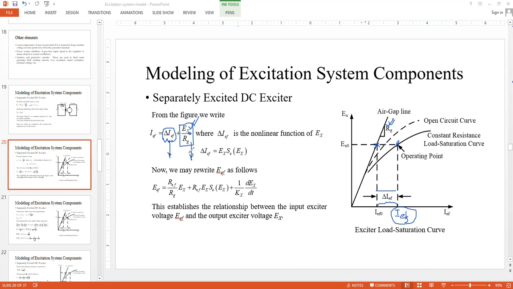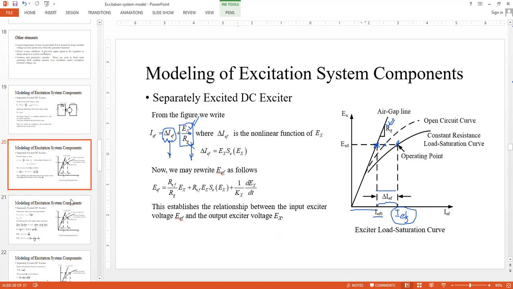Probably in the last class I mentioned that both of them may take into account the nonlinearity, but that's not correct. Last class I took the point here, but the point should be here, and that should take into account only the linear part of the IEF expression, that is IEF0, this part.